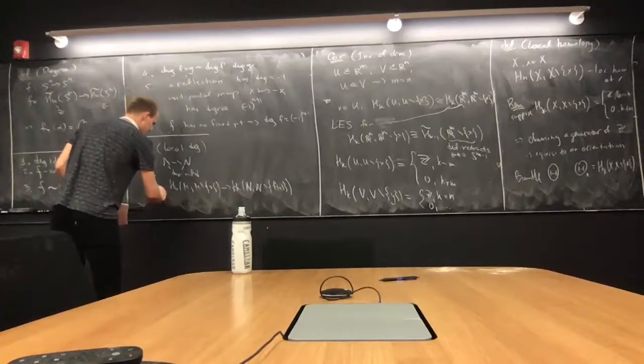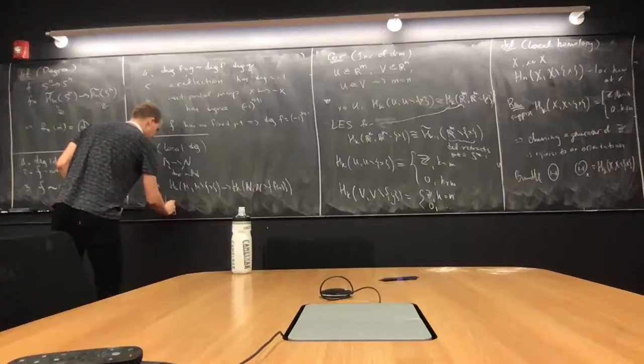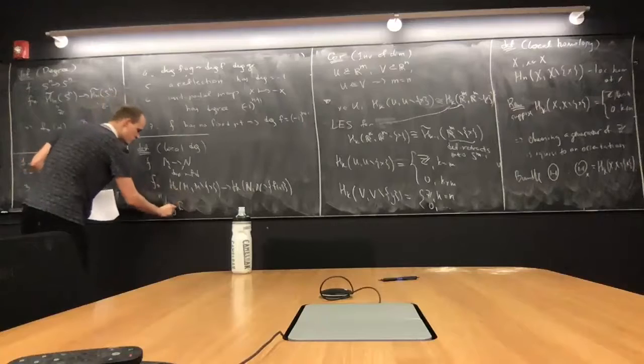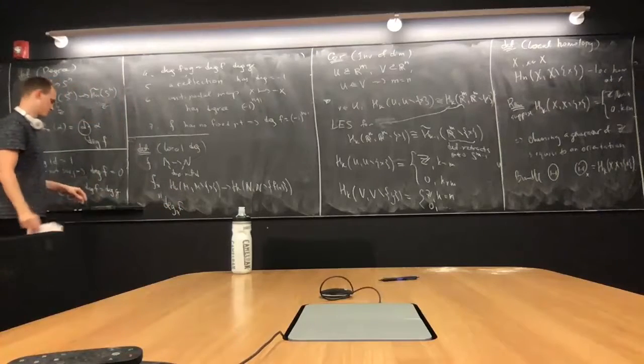And this has to be a multiplication by a number, which is called the degree of f. The degree at this focal point is the degree of x.